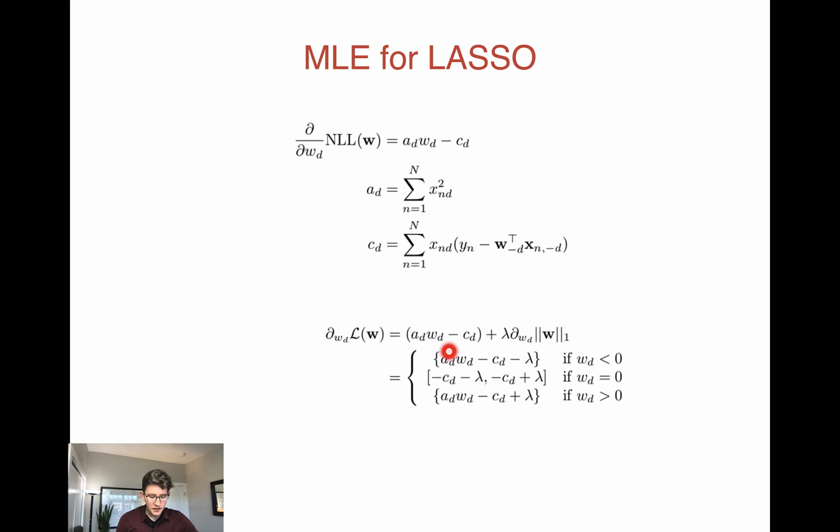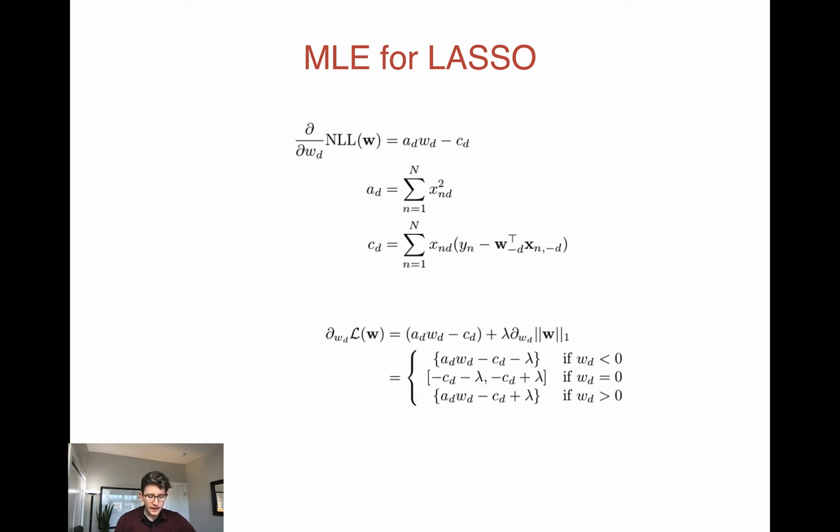It's just going to be this term plus lambda times WD is negative, so this is going to be a negative number. Vice versa, if WD is positive, same thing. The function is differentiable there, so our subgradient is just a single point.